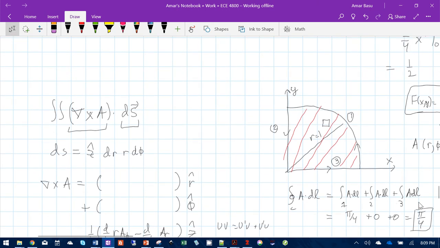But what if it was the entire circle instead of a quarter circle? How many line integrals would we have to do if it was the entire circle? Just 1, right? So in that case, it might be easier to do the line integral.